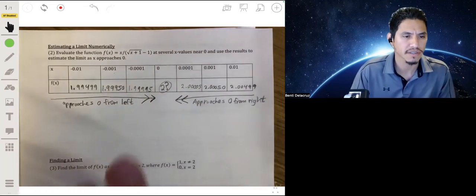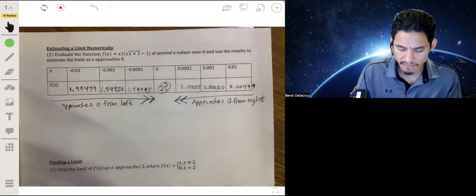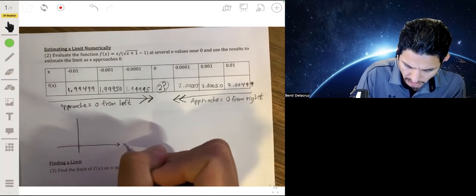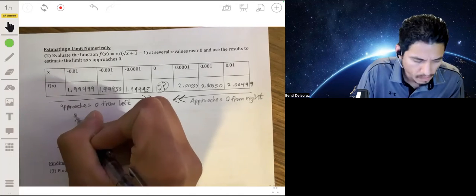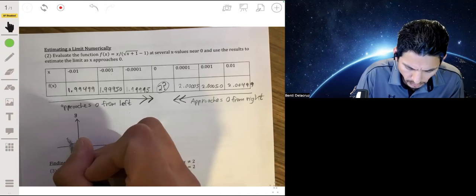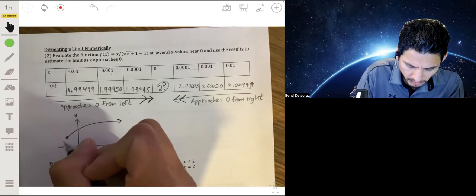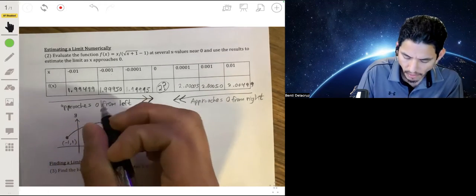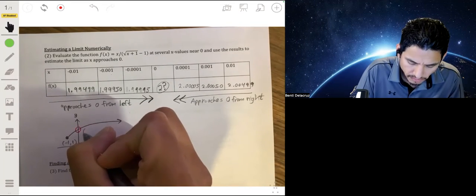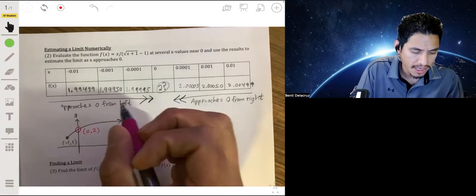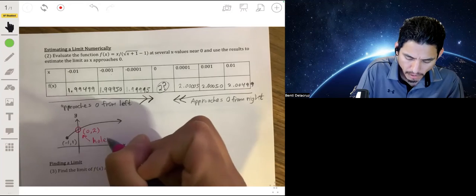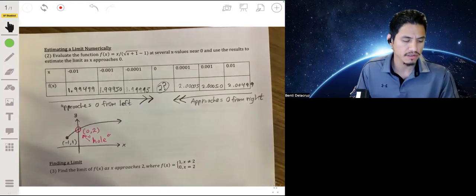So now let me give away the graph. This graph would look something like this. Your XY axes. We're going to have a tail here, -1, 1. And at 0, the value is 2. And again, we have a hole. We have a hole at (0, 2), or point discontinuity.